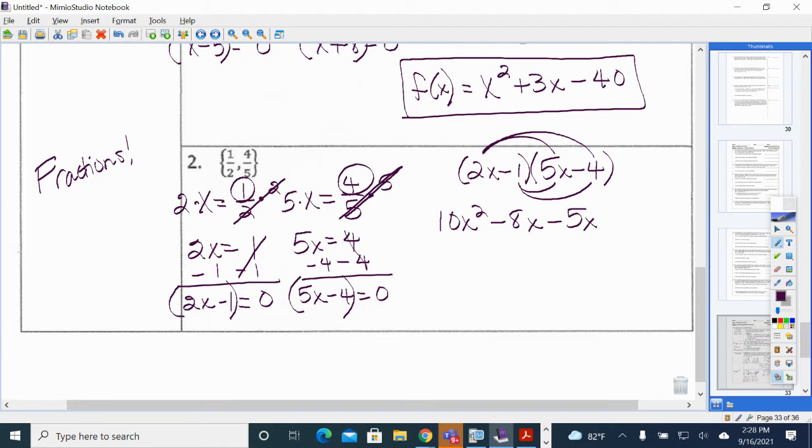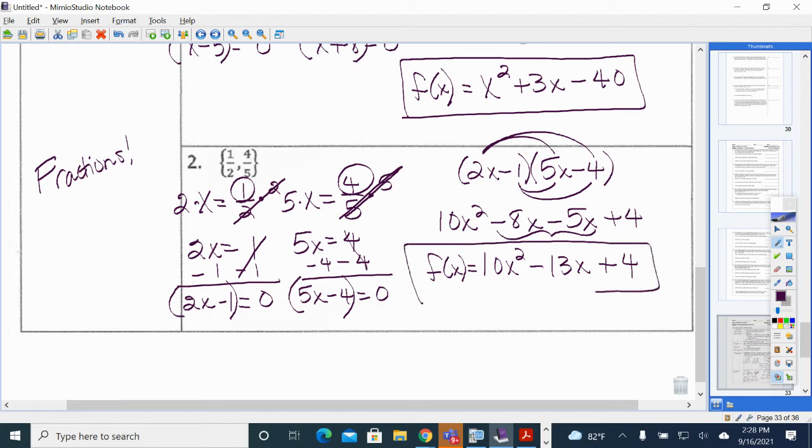And -1 times -4 is a +4. Combine those two middle terms, and you get 10x squared minus, -8 minus 5 is going to be -13x. Bring down the +4, stick an f of x out front, and you've got your equation.